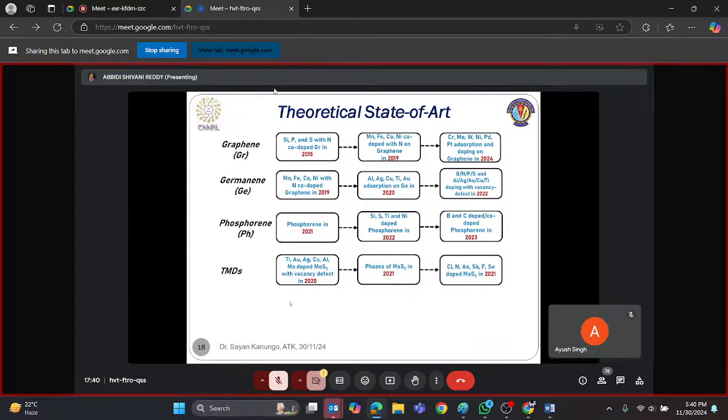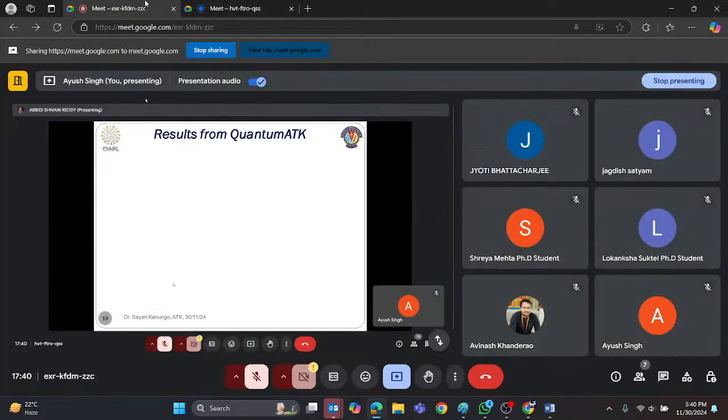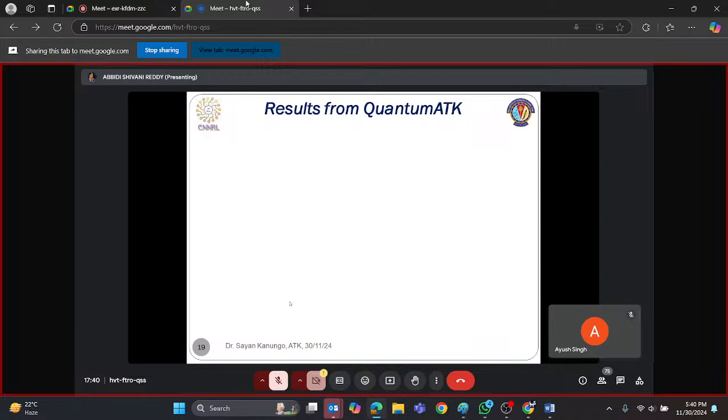Finally, apart from TMDs, MXenes have also recently started being explored for this application. However, it is worth noting that similar to phosphorene, both TMDs and MXenes are very less explored materials in the literature. So, from this context, let us try to understand a basic workflow of 2D material-based electrode design of EDL supercapacitor.